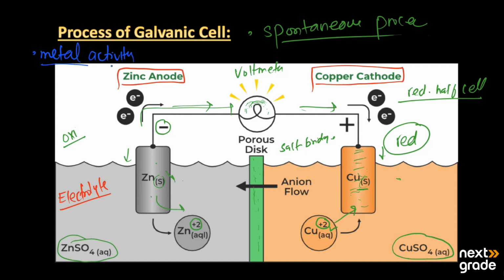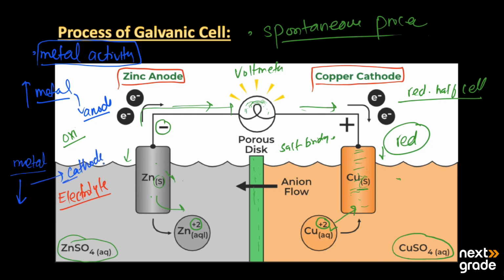The metal which is more active will work as the anode by losing electrons. On the other hand, the metal which has less activity will gain electrons and work as the cathode.